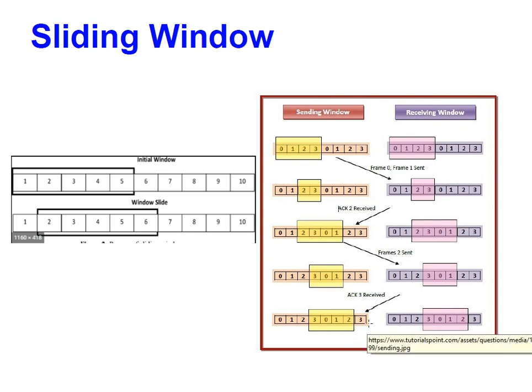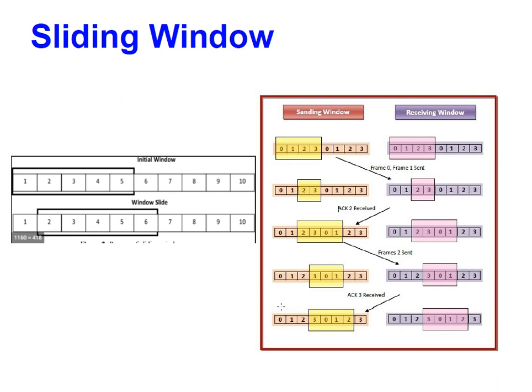So this is what you see in the characteristics of the sliding window. Now if you look across the utilizations, in this case the utilization is better as compared to the previous case of stop and wait.